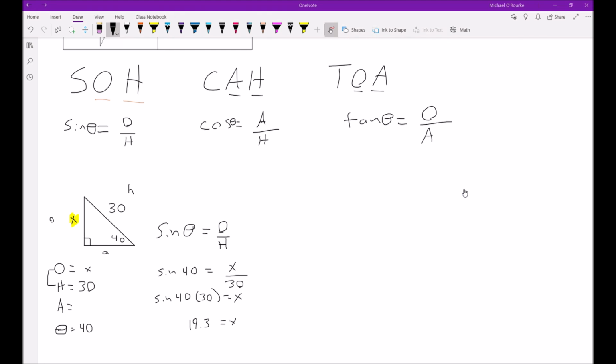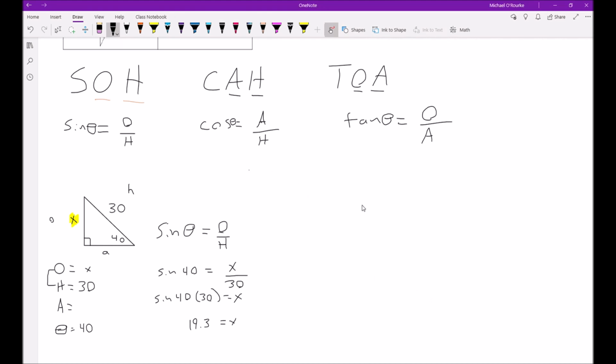Did I do it backwards? Sine 40 equals times 30. I think I'm getting two different answers. Okay, I'm in degrees mode. There we go. I was in the wrong mode there before.